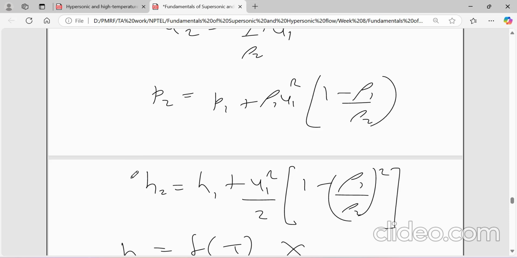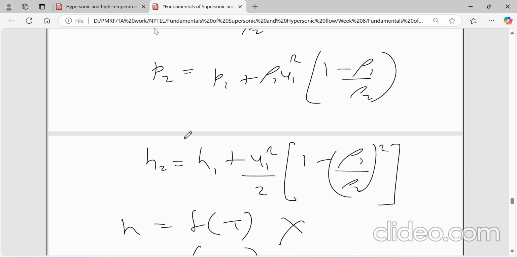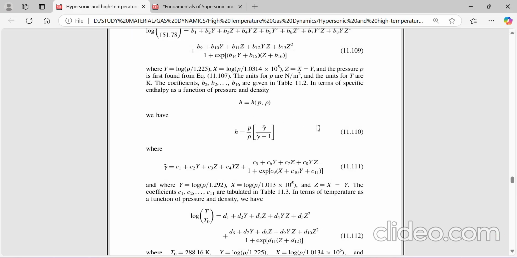Let's say we have assumed this H2, and using this relation we found the value of rho2. With this known rho2, you will find the value of u2, and you will find the value of p2. So we get the values of rho2 and p2, and using rho2, p2 and this relation for h in terms of e and rho, you can find a new h, and you will repeat the iteration like this.